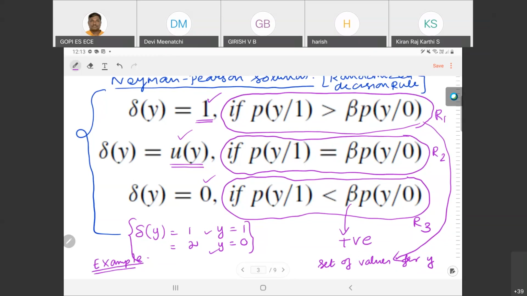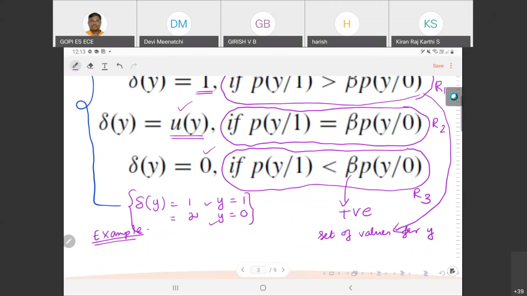So as far as this Neyman-Pearson solution is considered, let me put the Neyman-Pearson statement like this. The problem is you wanted that probability of false alarm to be less than or equal to alpha. Alpha is basically the size of the problem, and you wanted this probability of detection to be maximized.